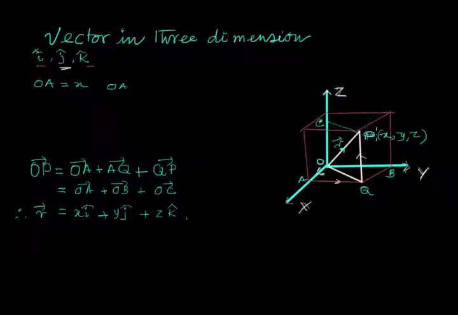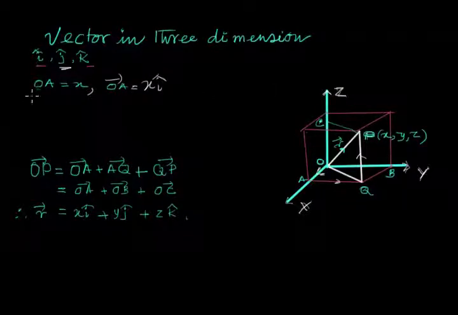Now we are taking a point P in 3-dimensional space whose coordinates are x, y, z. That means OA is equal to x units, so vector OA is equal to x i cap.